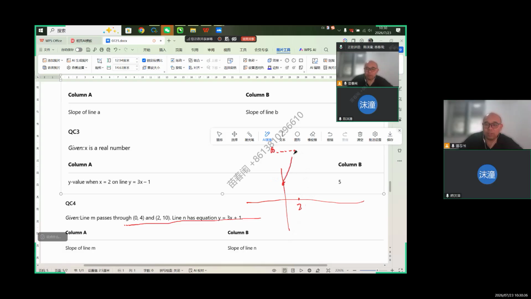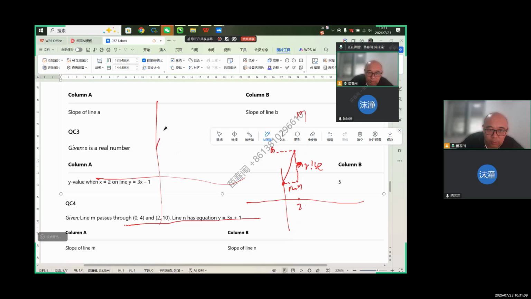So if I draw it like this, okay, line N, and this is line M. Did you use rise over run? This is run. Let's see what the rise over run really is.